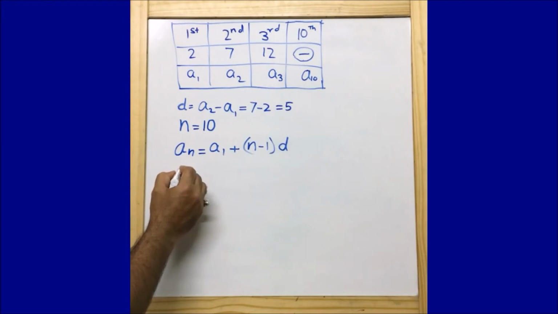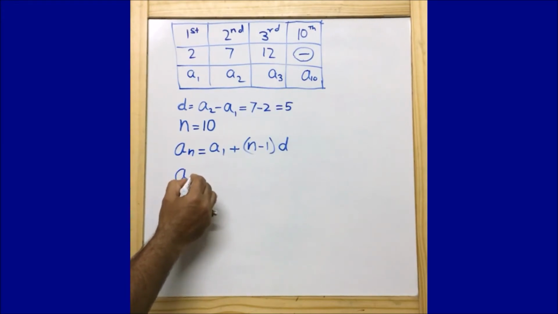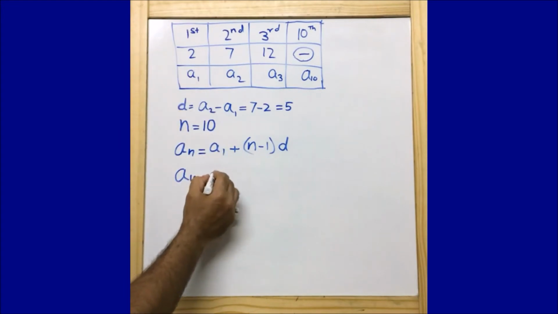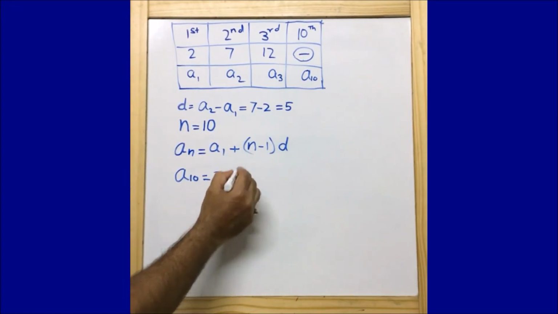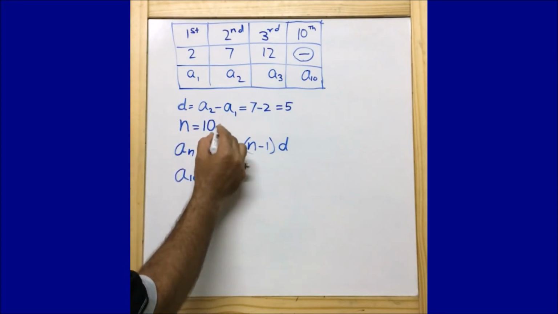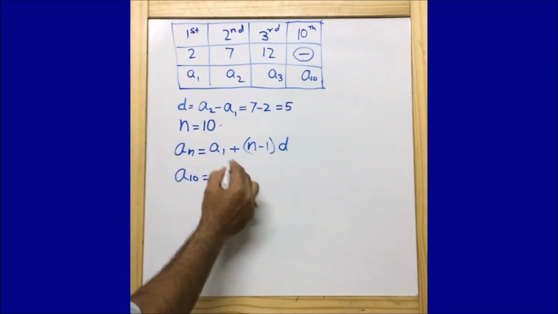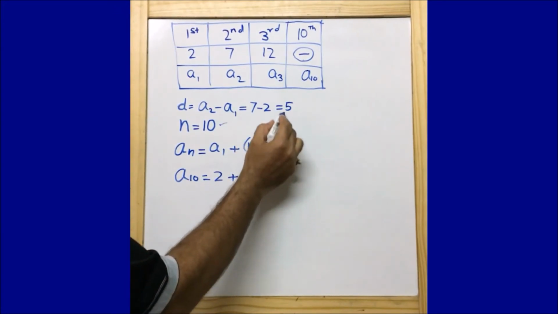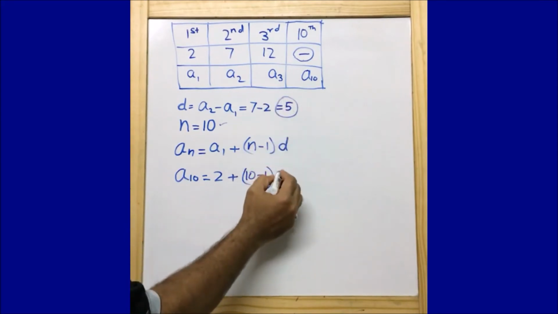Here an is nothing but a10 is equal to a1, here a1 is 2, plus n minus 1, here n is 10, so 10 minus 1, and d we found out to be 5, so we'll write 5 here.